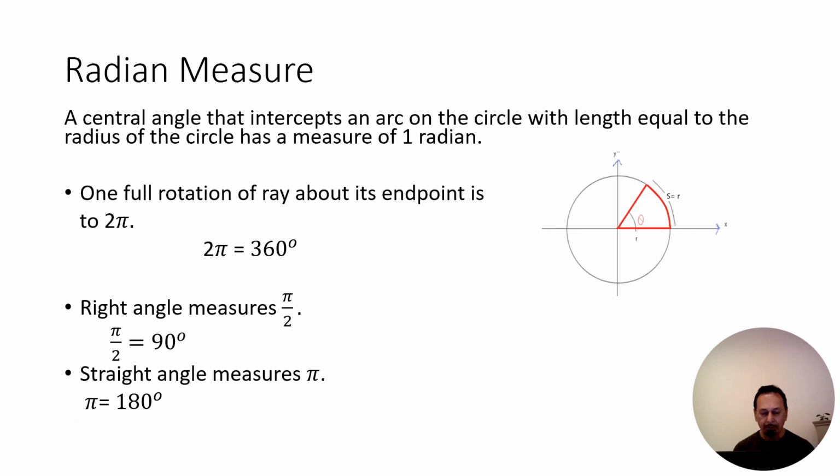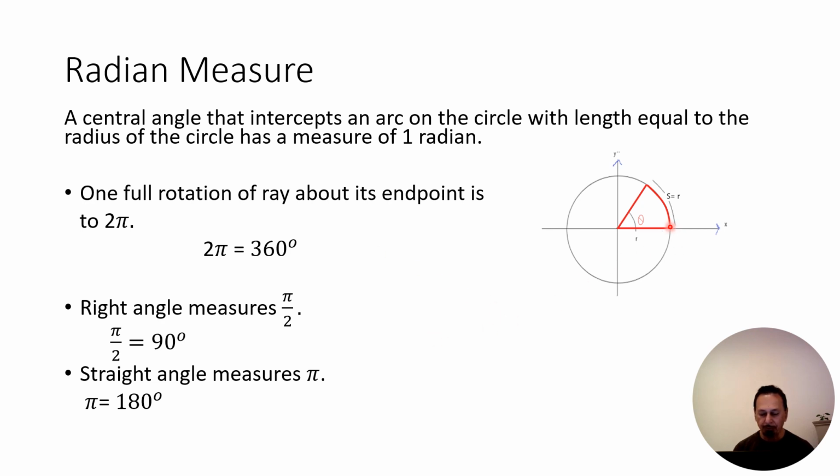One full rotation of a ray about its endpoint: if you start from this point, and you go all the way around and come back, that's one full rotation, and that's equal to 2 pi, which is equal to 360 degrees.